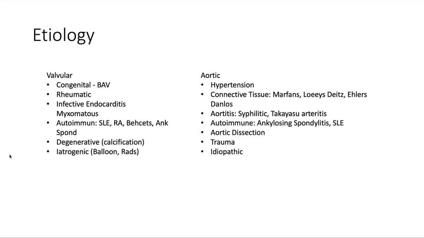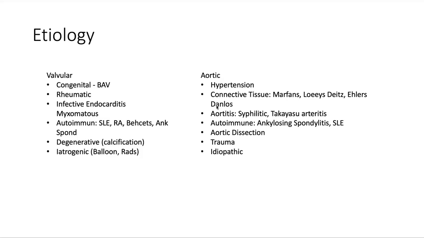Related to some of the aortic causes of aortic insufficiency, systemic hypertension being a very prevalent one, connective tissue diseases like Marfan's, Loeys-Dietz, Ehlers-Danlos, syphilitic aortitis, and syphilis there is definitely increasing in prevalence lately. Takayasu arteritis, again, immune conditions affecting the aorta itself, again, like ankylosing spondylitis and lupus.